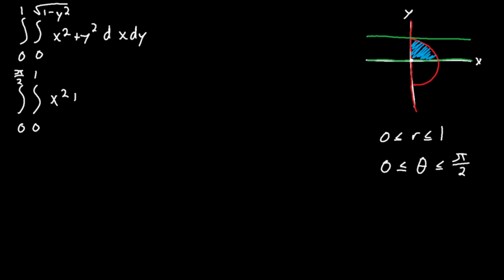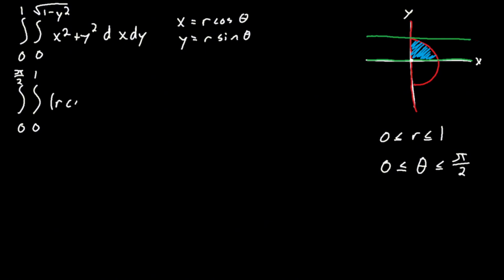Now, here's the thing. We have to turn x squared plus y squared into our polar function. x is equal to r cosine theta, and y is equal to r sine theta. And we have to turn x and y into our polar coordinate function. So how do you do that? All you have to do is substitute in your values for x and y with their polar coordinate values.